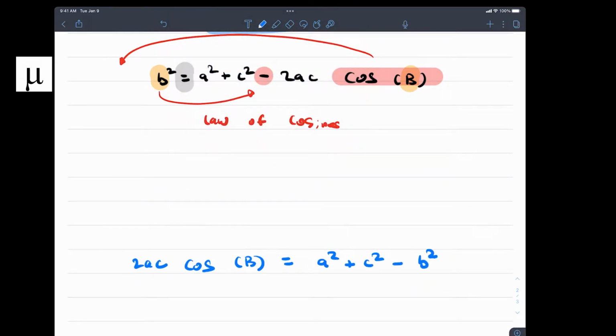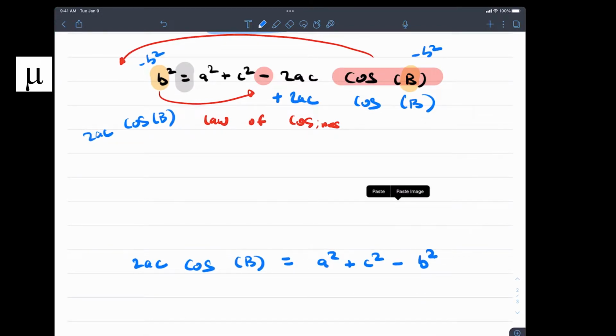You say plus what? Plus 2ac cosine b. And then subtract the b squared.